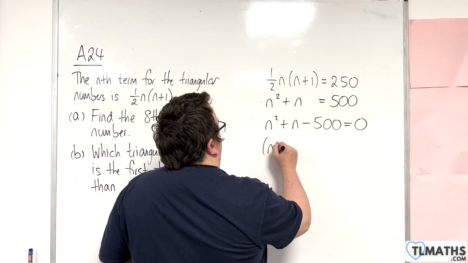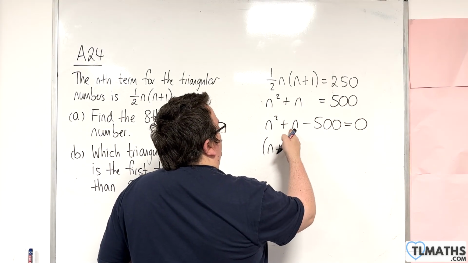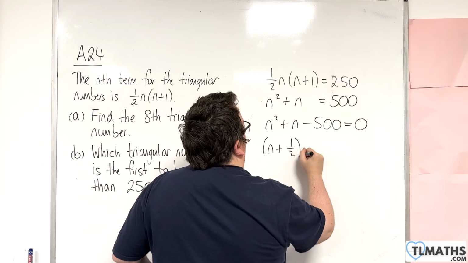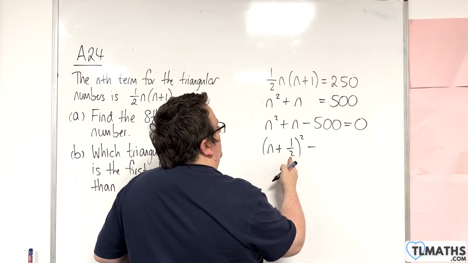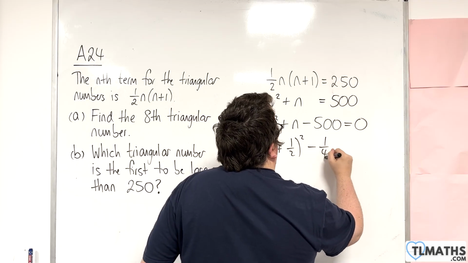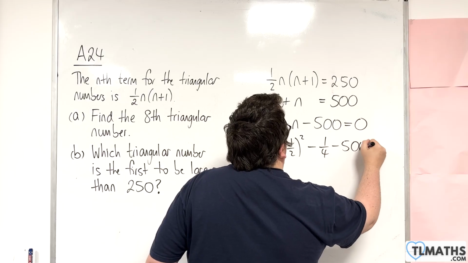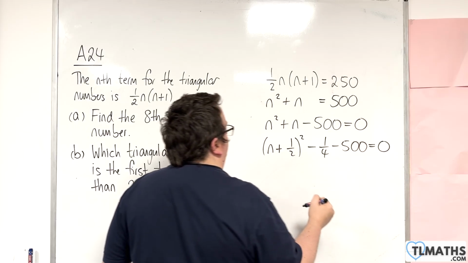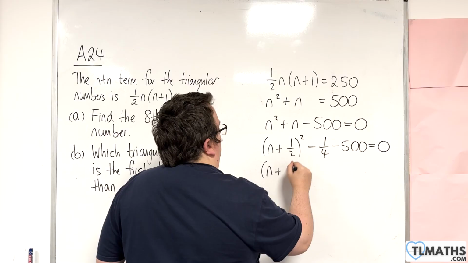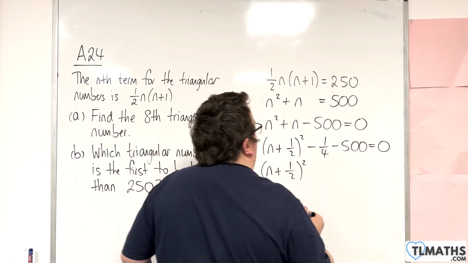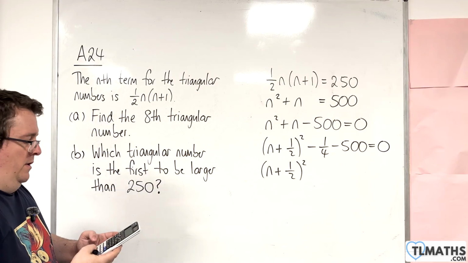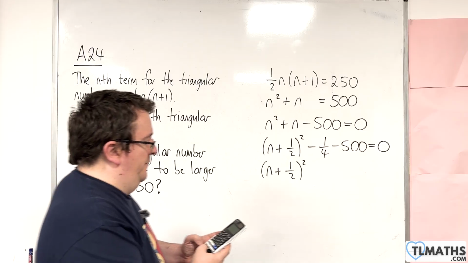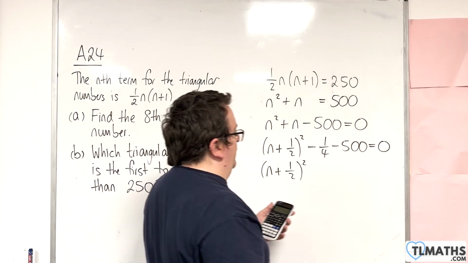So (n plus half of the coefficient of n, so 1/2) squared. We need to take away that squared, so take away a quarter. And we've got the minus 500 still there. Now, feel free to use a calculator on this one. So minus a quarter, take away 500 is minus 2001 over 4.